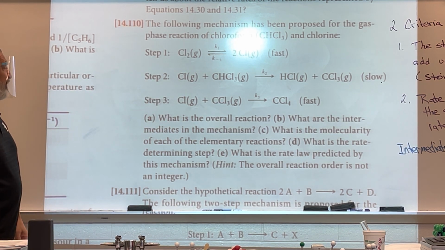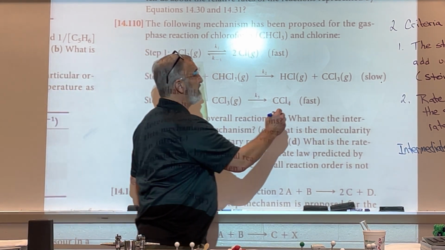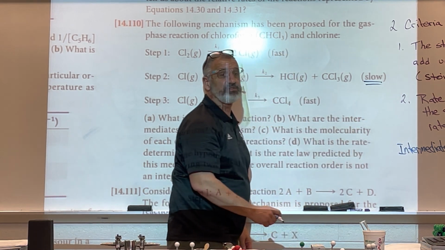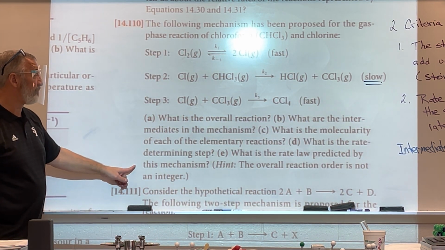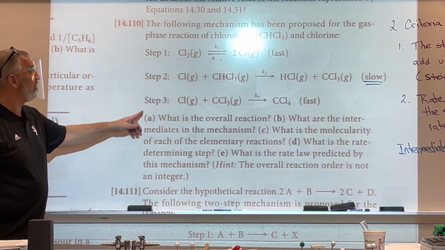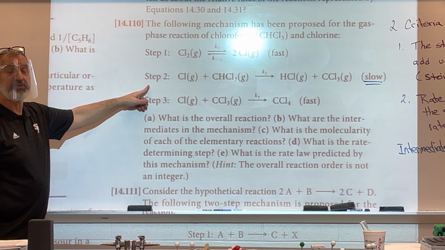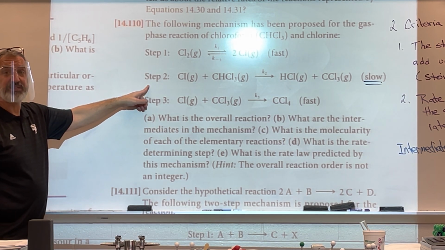So we say, what is the rate determining step? Well, we know this one is the rate determining step because it tells us it's a slow step. And then lastly, what is the rate law predicted by the mechanism? The rate law of the rate determining step has to be the same as the experimentally determined rate law.